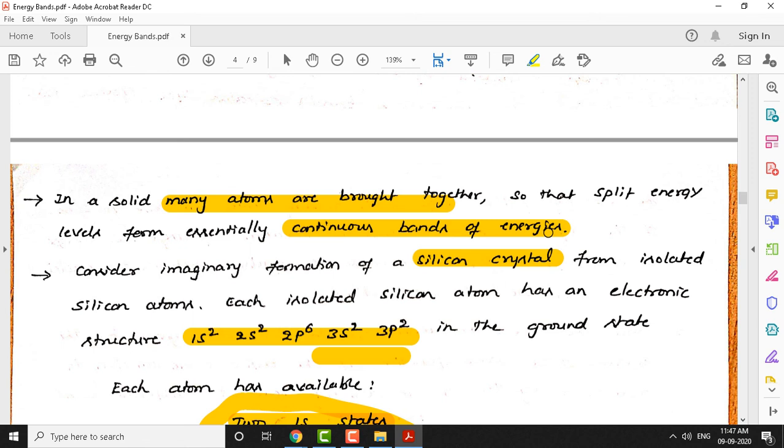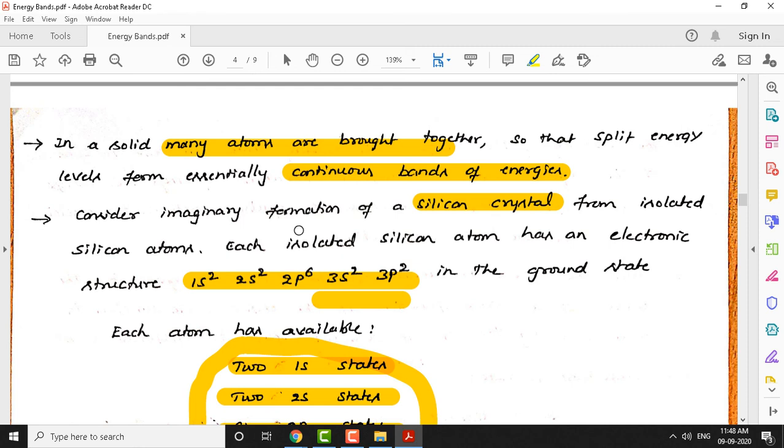But when you bring many atoms together, you have to represent that as a band of energies instead of energy levels. Now let us see, with reference to the silicon crystal, how isolated silicon atoms, when brought together to form a solid, form bands of energies.